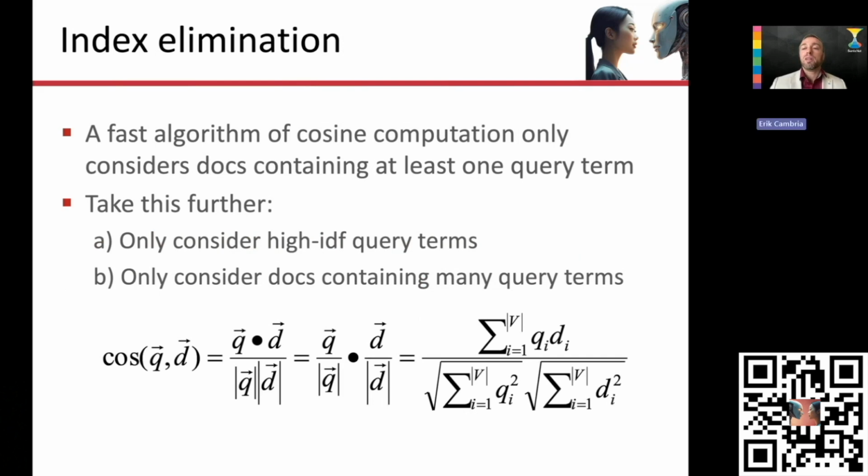So if I take this one step further, I only want to consider the documents with high IDF query terms and only the documents that contain many query terms. Let's look at these 2 separately.